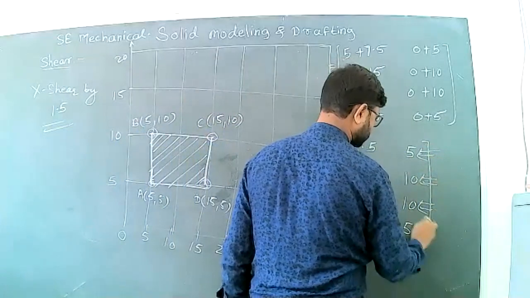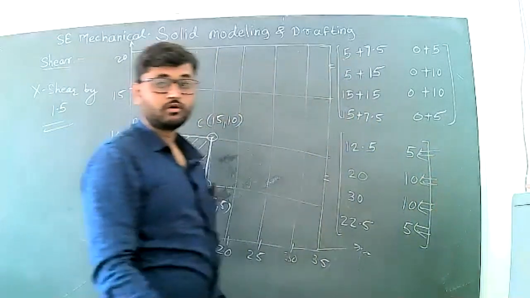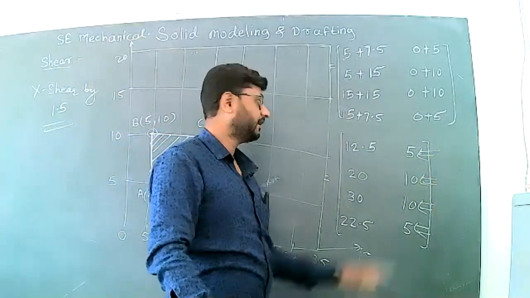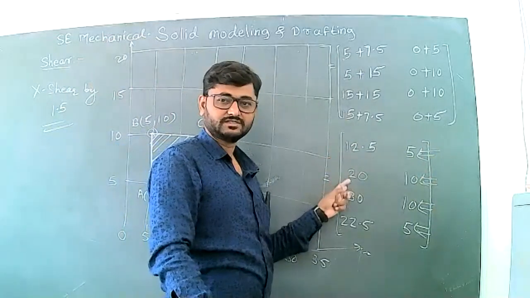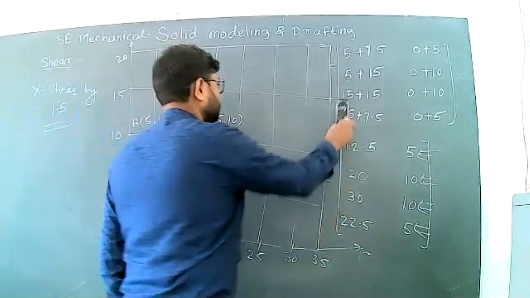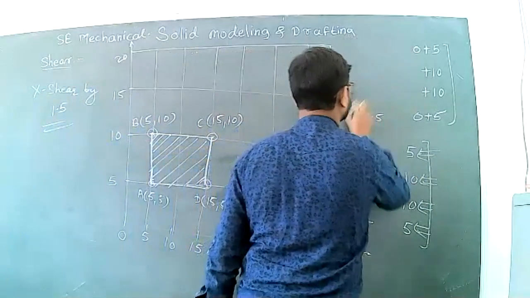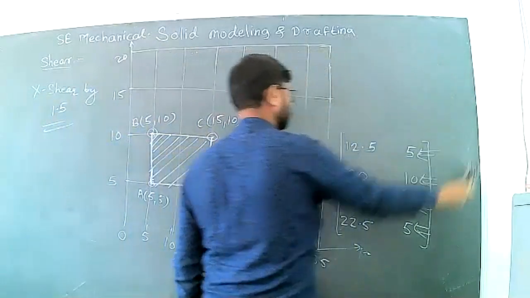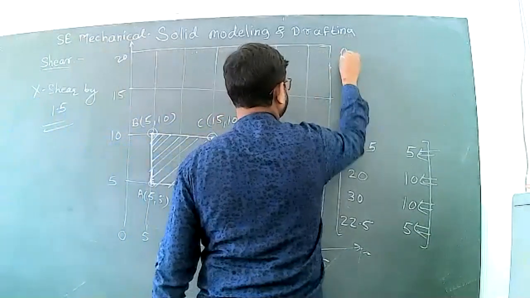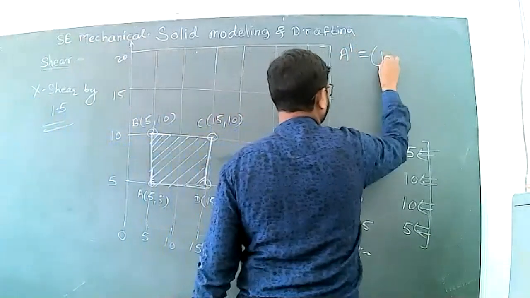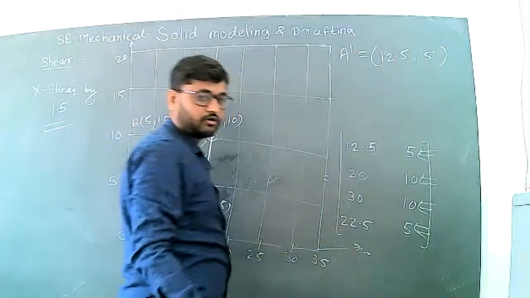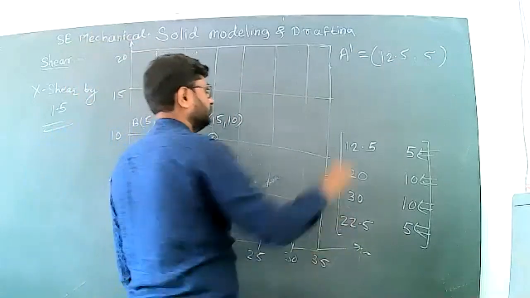These are the new coordinates of the transformed rectangle, that is A dash, B dash, C dash, and D dash. Finally A dash is x coordinate 12.5 and y coordinate 5.